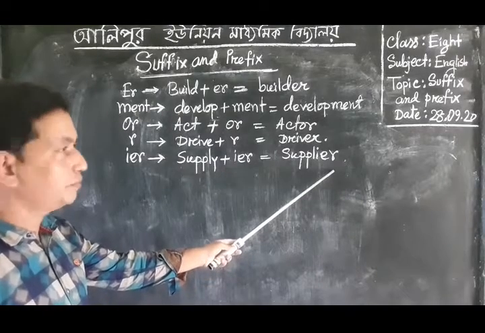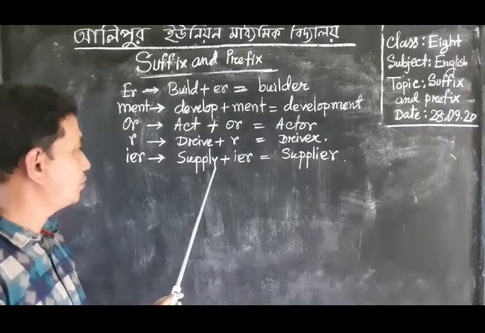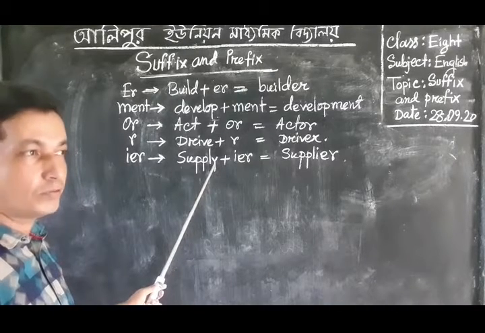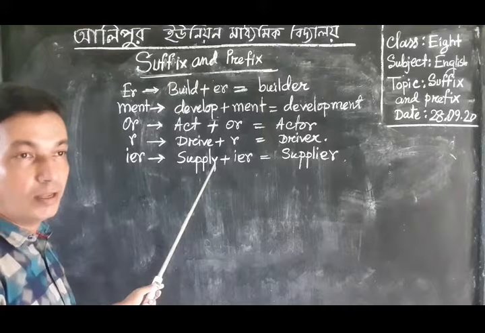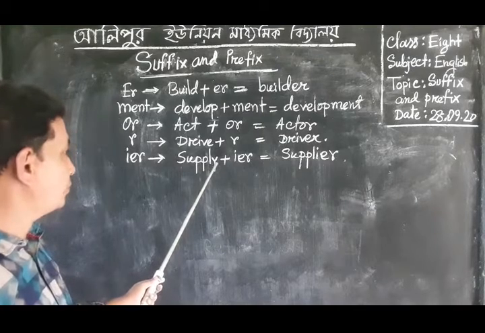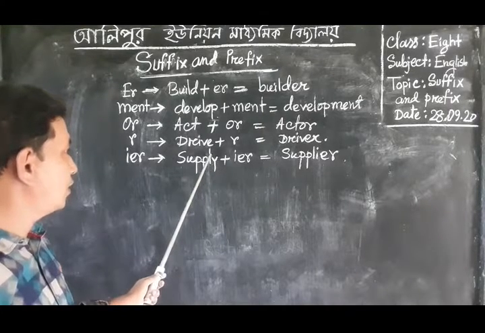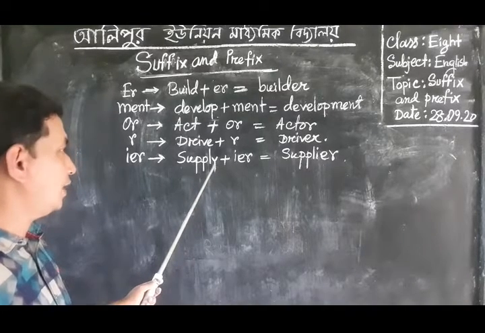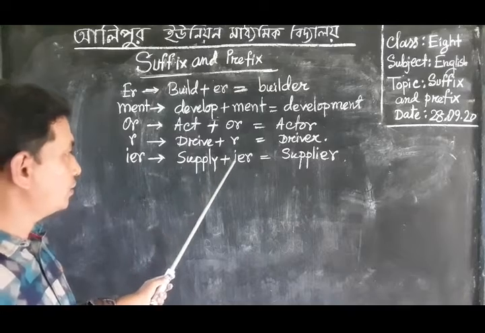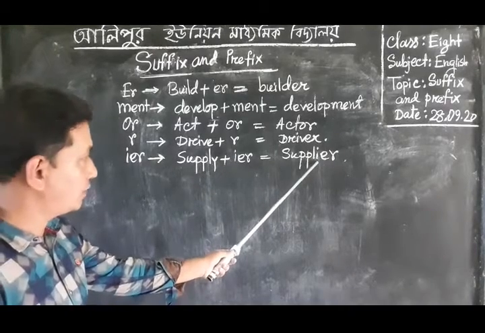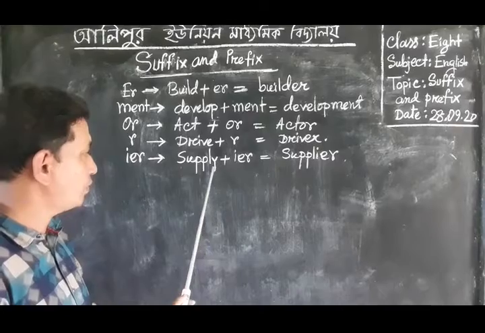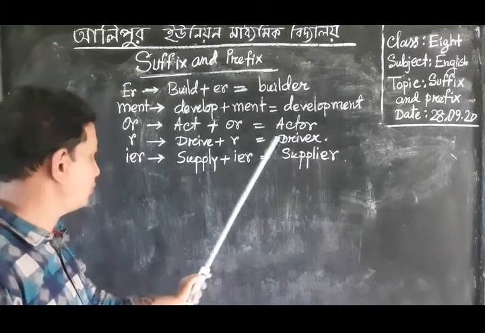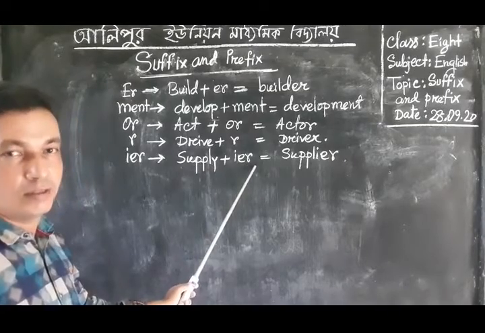And if you ask me the question, where is the Y? Because Y is a consonant, if there is a consonant before Y at the end of the word, then this Y will vanish, and instead of Y we can use I. So here there is no Y, and instead of Y we have used I. Okay, dear learners, so "-ier" here is a suffix.